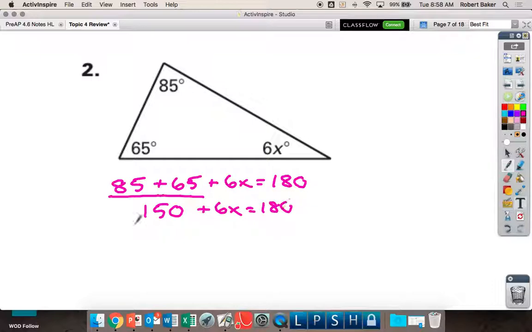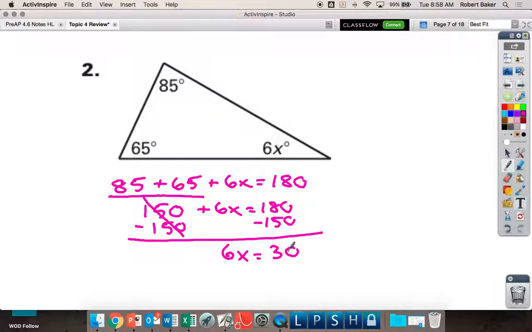Then you'd want to subtract 150 from both sides. Just 5. And then divide both sides by 6. So x does equal 5. You plug that back in and say that angle is equal to 30, depending on what the question asks you. It may ask for the value of x. It may ask for the measure of the angle.